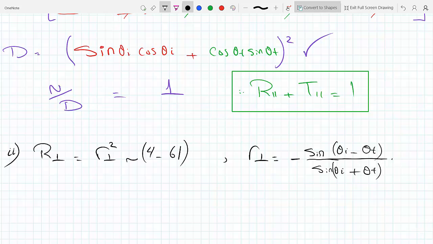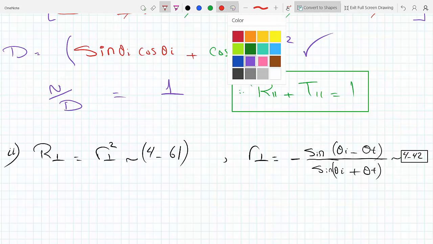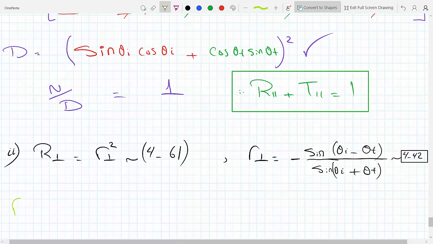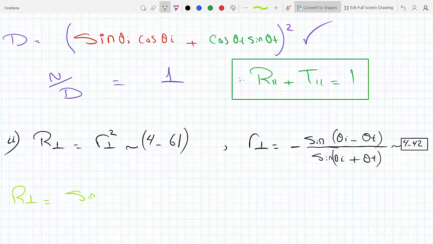This is equation 442. Okay, so then if that's the case, let's use that. So that means our R perpendicular has to square that, will be sine squared theta I minus theta t over sine squared theta I plus theta t.